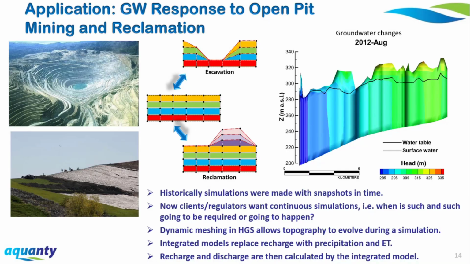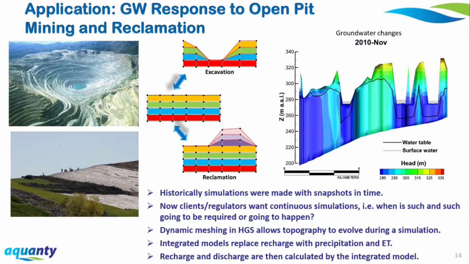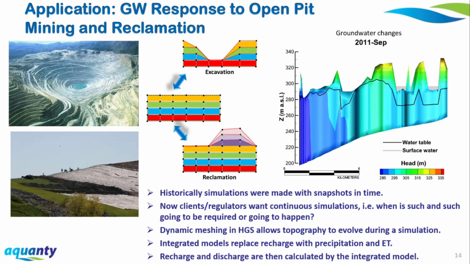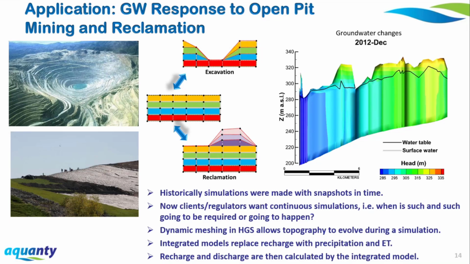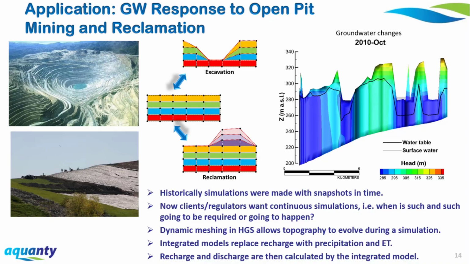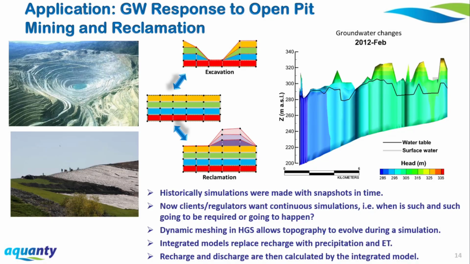As opposed to just the snapshot approach, where one might simulate the pre-disturbance stage, the mining stage, and then the reclamation stage, the request is to have all three of those stages in one model. What we're being asked to provide is answers to questions related to the timing of the different mining stages. That's very hard to do in a snapshot approach, but it's relatively straightforward if you've got a continuous simulation.